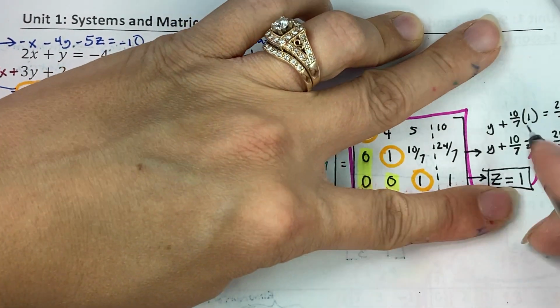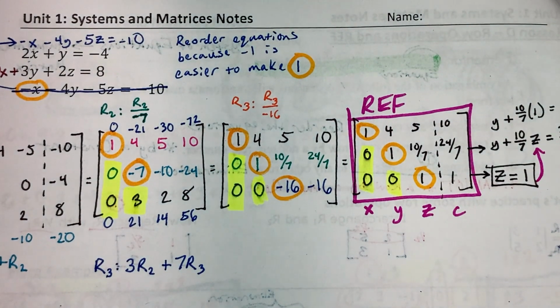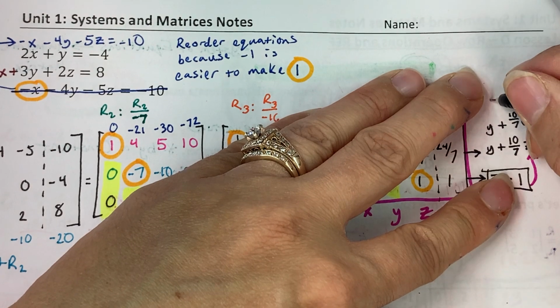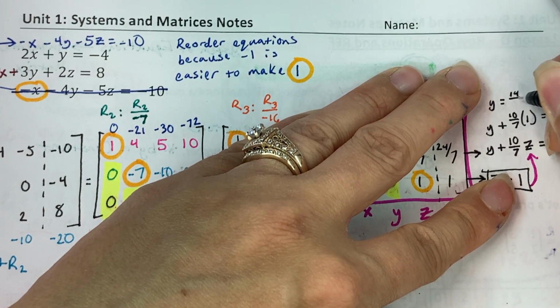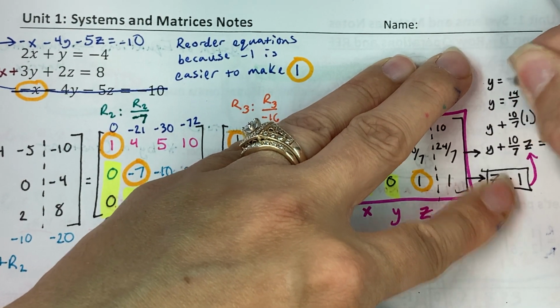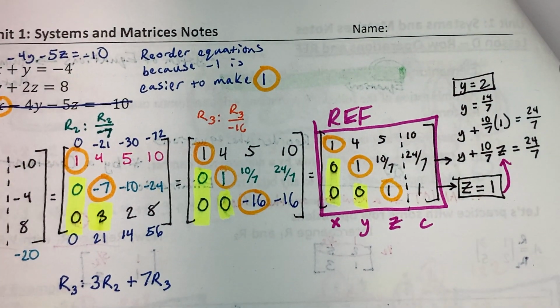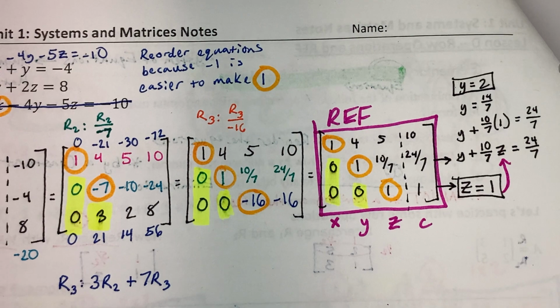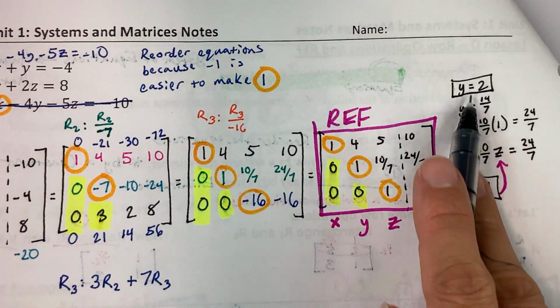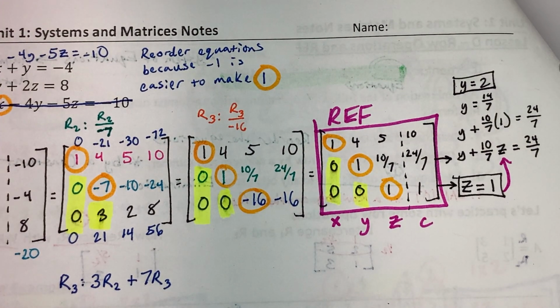And if we subtract 10 sevenths from 24 sevenths, we get 14 sevenths. So y equals 14 sevenths, or y equals 2. So that nasty little fraction stuff actually worked out nicely given our other fractions in the problem and gave us a nice y equals 2.